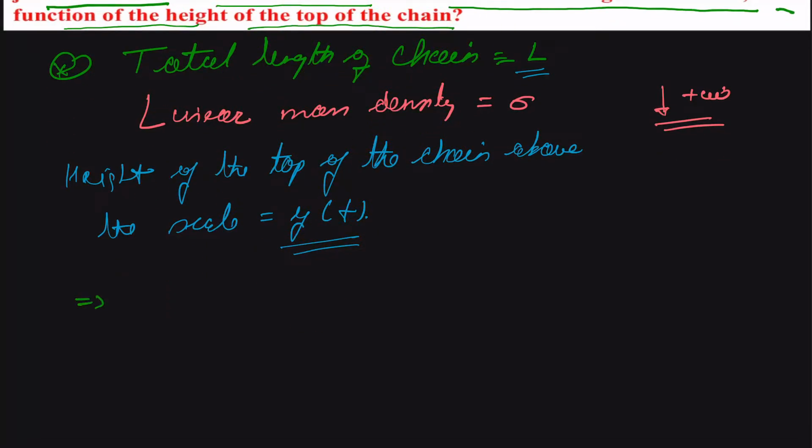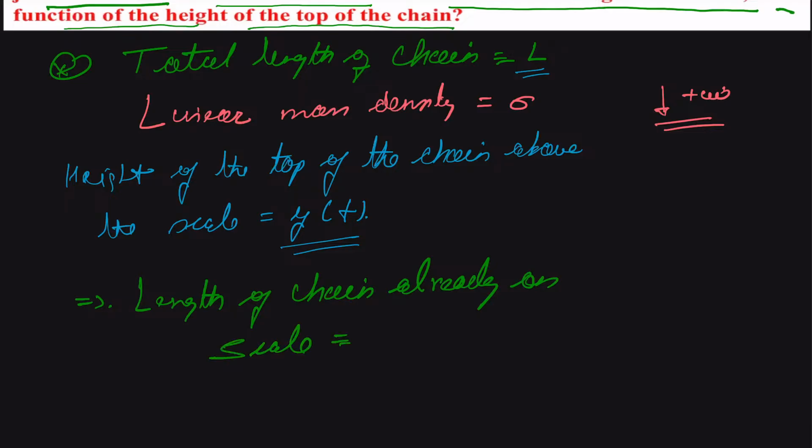Okay, let us assume y of t is nothing but y. So we can divide the entire mass of the chain into two parts.